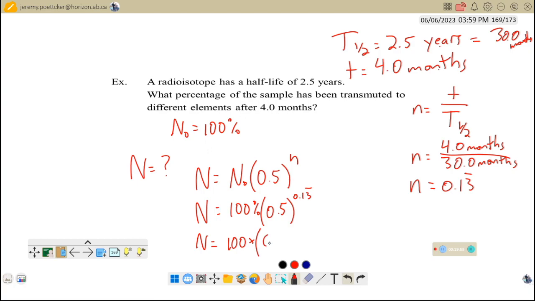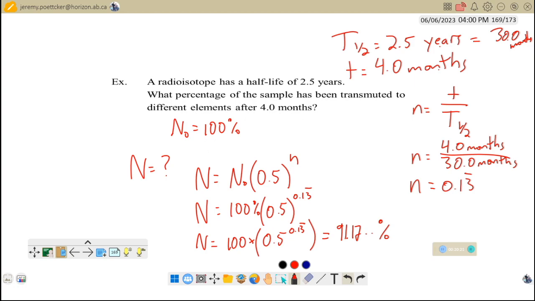And make sure we've got 0.5. So what this tells us is that we have 91.17% left.